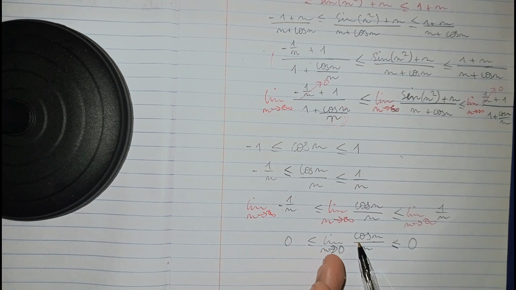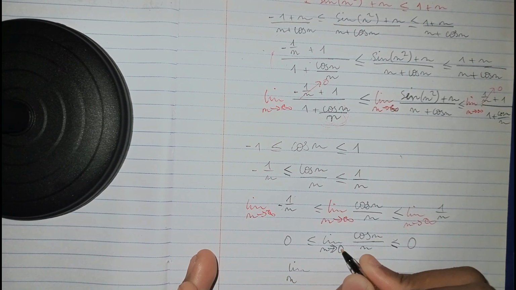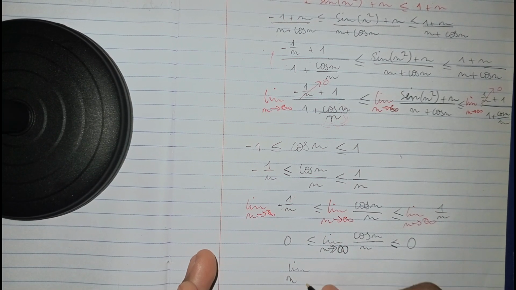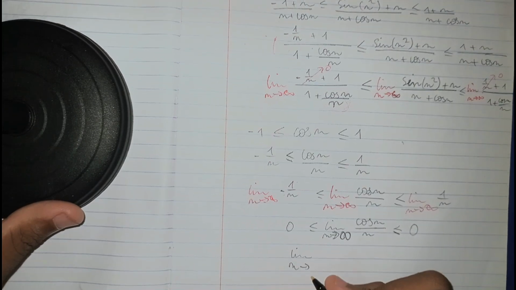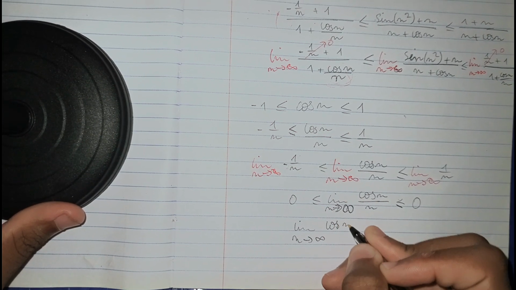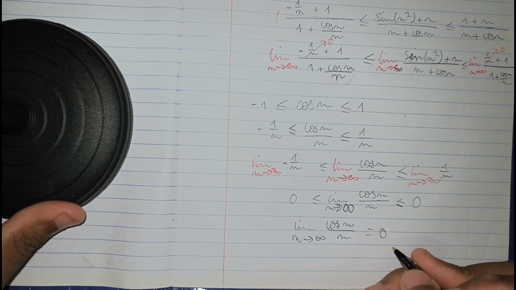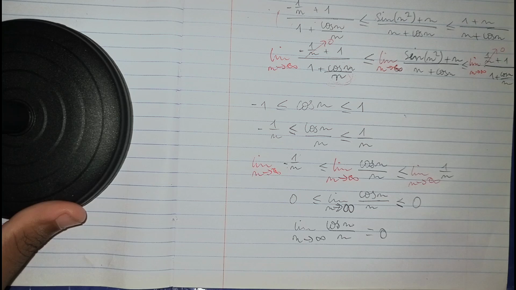This must be 0. So this limit of cosine of n over n as n tends to infinity is equal to 0.